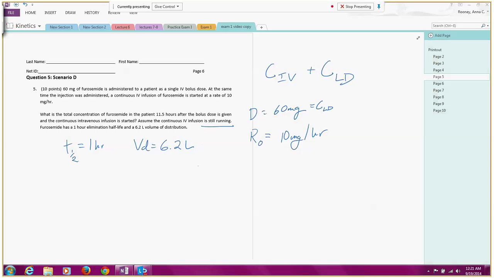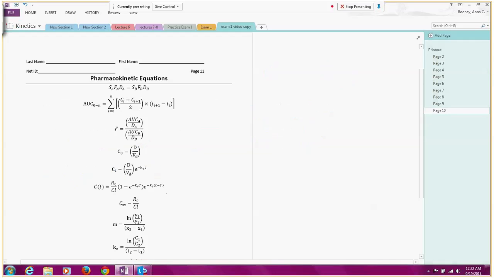All right, let us find our Ke. So we find our Ke from our T half-life. So ln of 2 over 1. So that's just ln of 2, so that's 0.693. Then we find our clearance, because we have our rate, but we need our clearance to put into our equation. Our equation is here. So we have that. We have this.